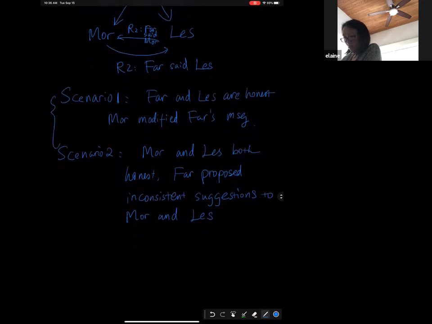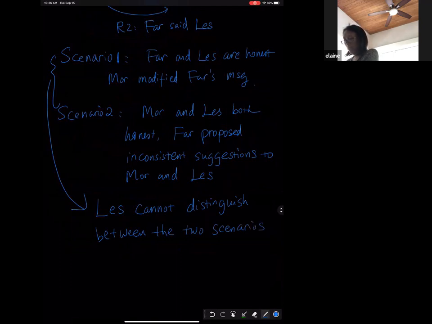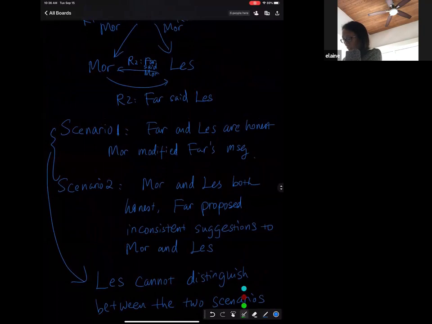So essentially, Less has no way of distinguishing between these two scenarios. Less cannot distinguish because we don't have signatures. There's no way to verify if Moore has altered the message.